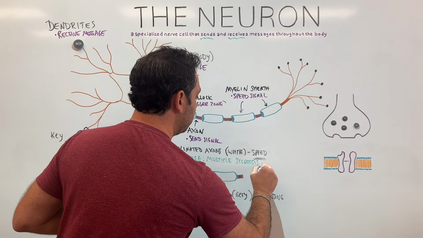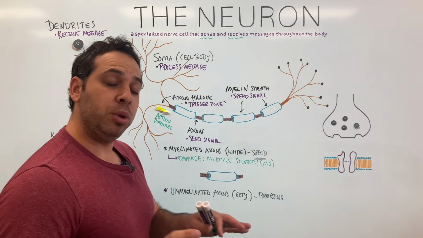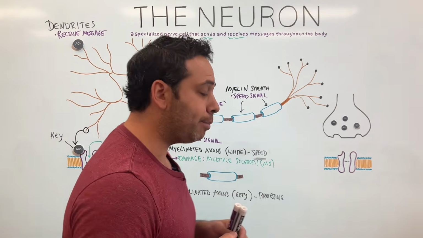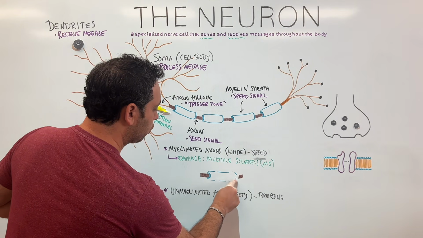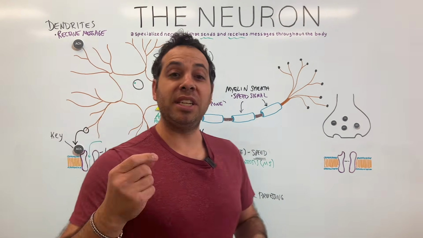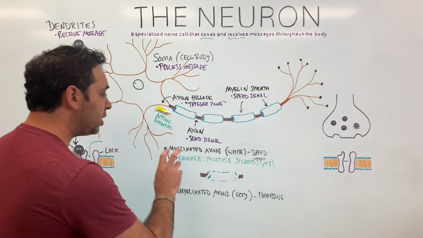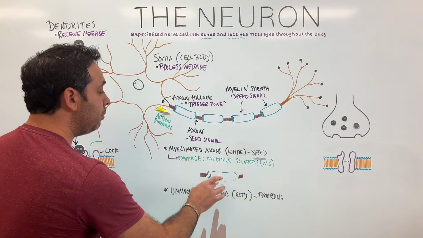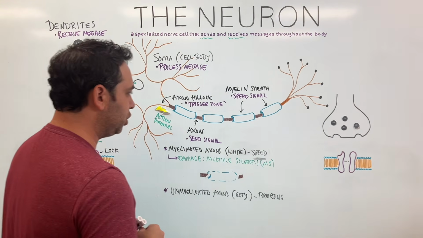Or abbreviated, you might have heard of MS. And what happens with this is the immune system mistakenly attacks the myelin on our axons. So you think of this as being destroyed, right? So what happens with MS? The information does not get from point A to point B. The muscles don't work anymore. So just to add more information, by multiple sclerosis we mean damage to the myelin sheath, okay?